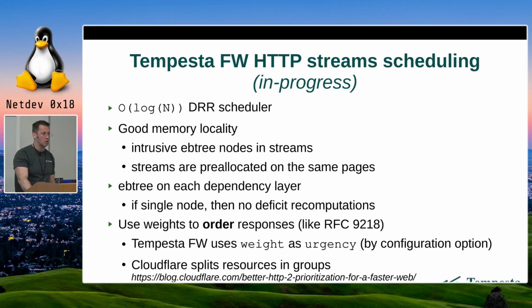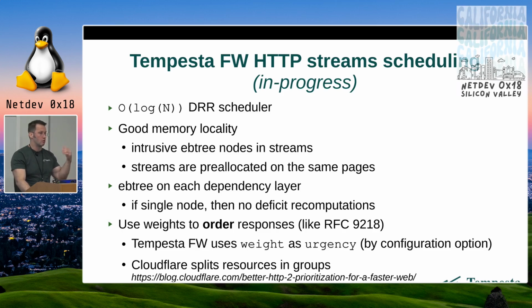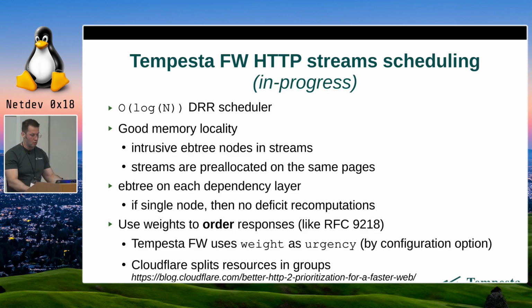We also have a bunch of special optimizations. For example, we see that in most cases we don't have any scheduling, and we have a pure dependency list. In this case, we don't compute deficit. We don't reinsert into the data structure. And just go with the dependency tree.